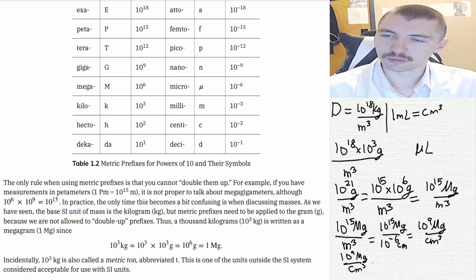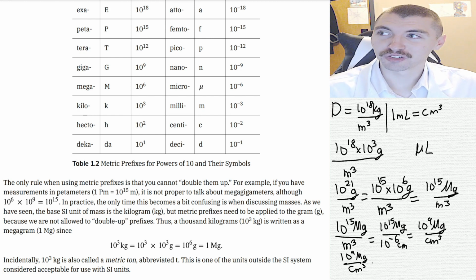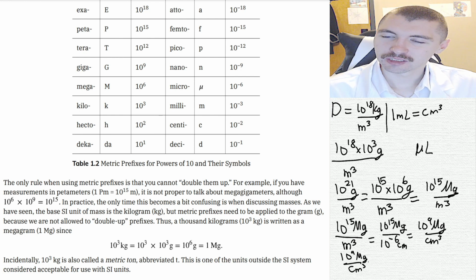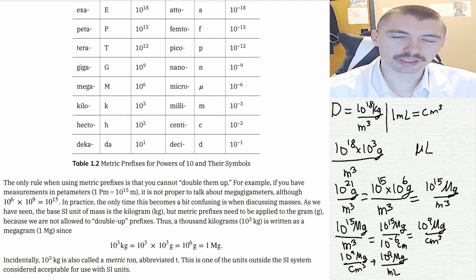Converting this to, like, I'm about 10% confident here, but we're gonna chug through it. Maybe we get lucky. So we're gonna convert this into milliliters. So we can just equate this 10 to the 9 milligrams per milliliter. Now we need to convert milliliter to microliter. So micro is 10 to 6.